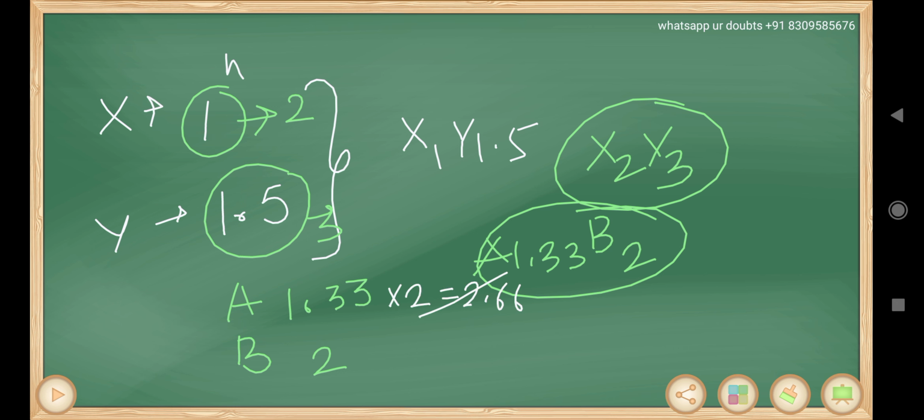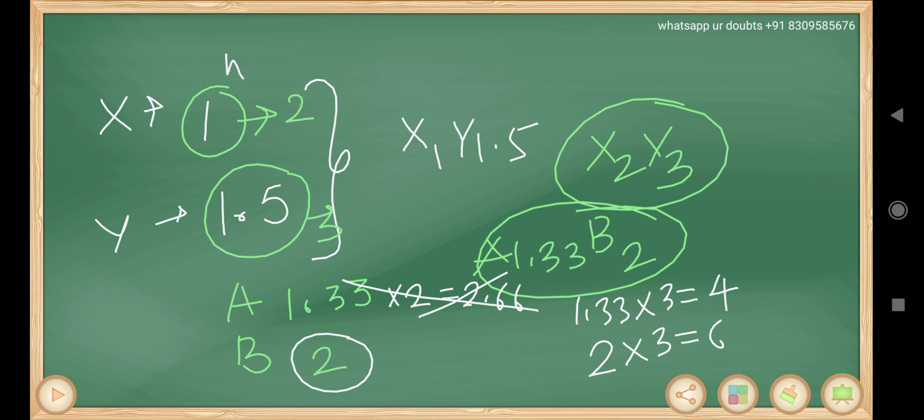No use for us. 1.33 multiplied by 3 becomes 4, and 2 multiplied by 3 is 6. So you need to write the formula as A4B6. When this is 4 and this is 6, you can say even 2 and 3 also. A2B3.